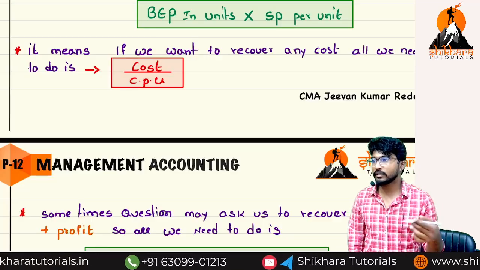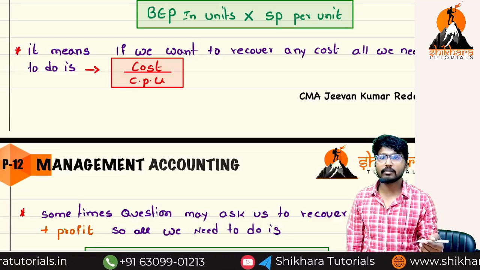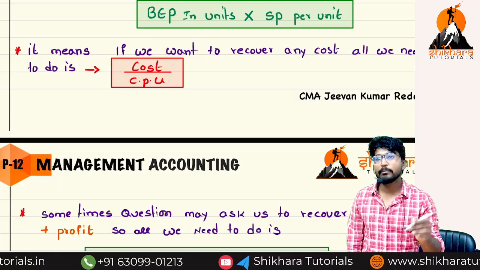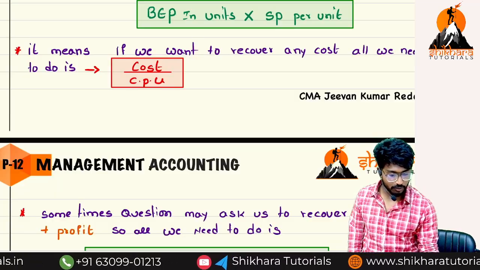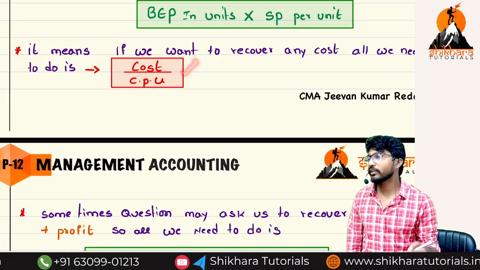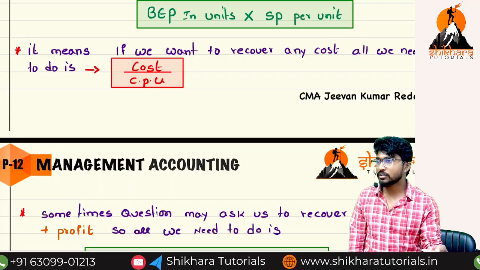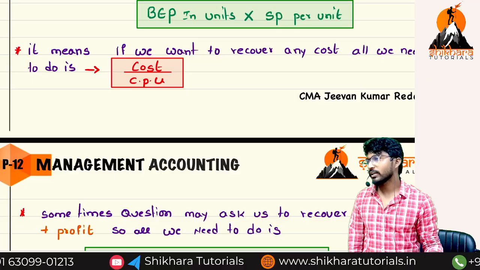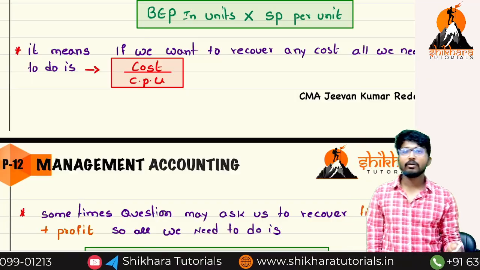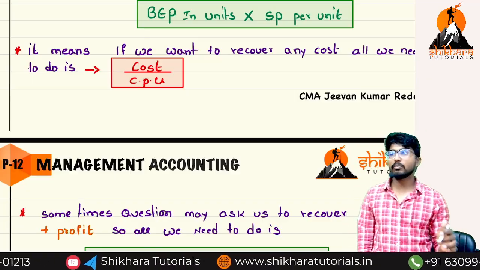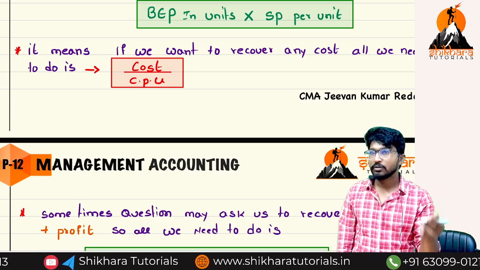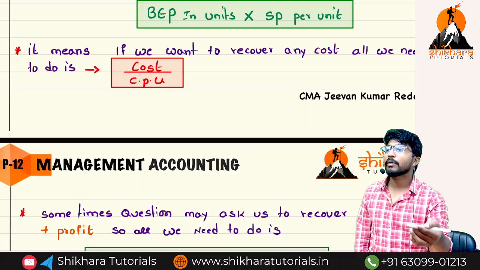Or if you want it in rupees or in sales, the formula is cost divided by PV ratio. You will get the rupees value: how much sales you need to do to recover the particular cost.